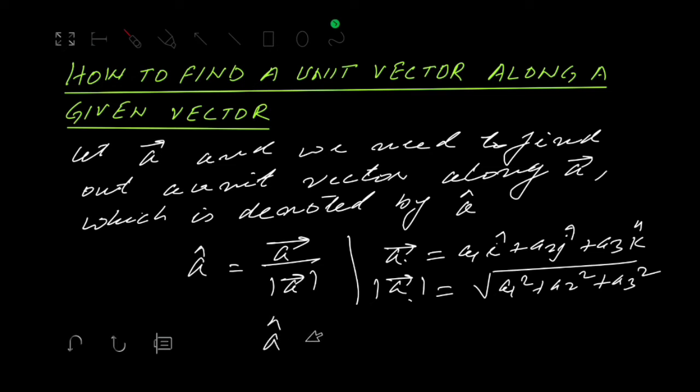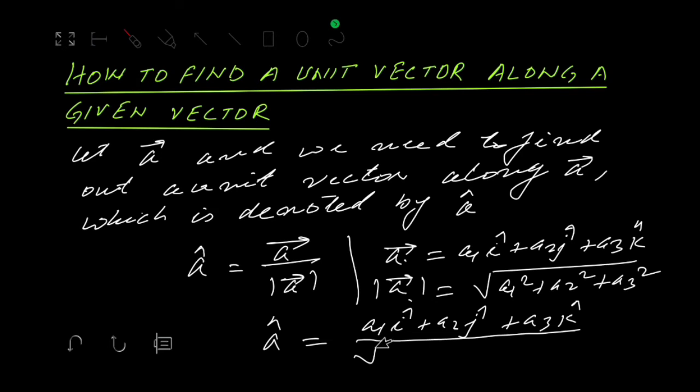So A cap is written as A1 i cap plus A2 j cap plus A3 k cap divided by under root A1 square plus A2 square plus A3 square. So this is a way to find a unit vector along a given vector.